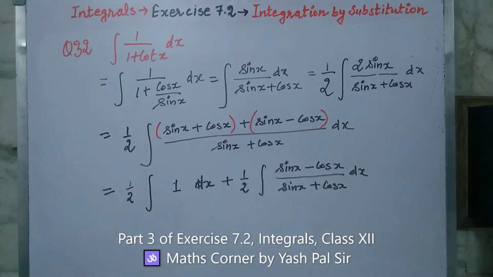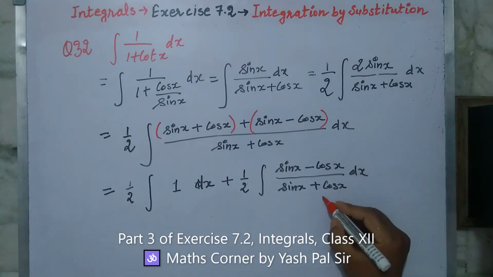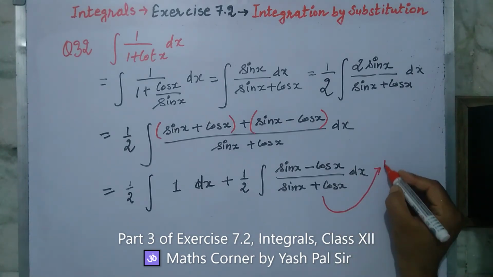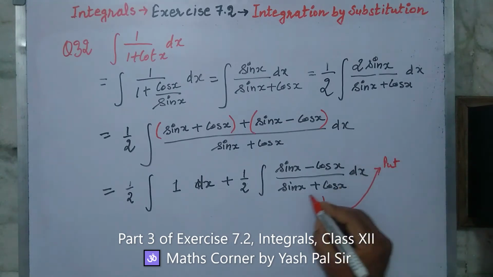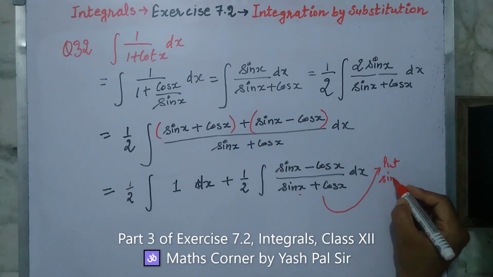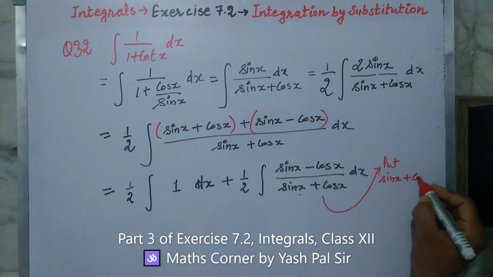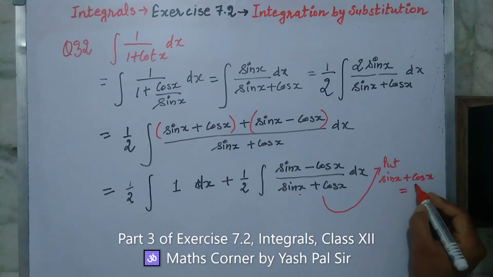In the second integrand, we put the denominator sin x plus cos x equal to t.